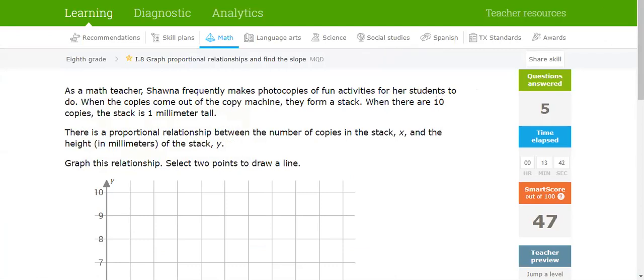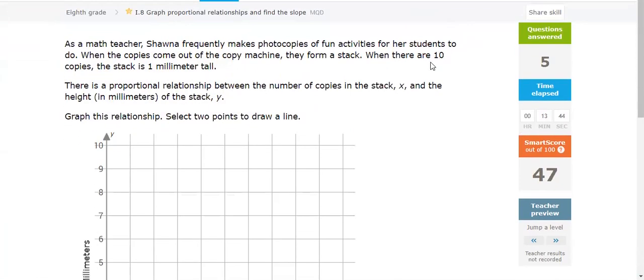Okay. So now, when there are 10 copies, the stack is 1 millimeter tall. So let's try to find what X is here. What is the X? The number of copies in the stack. There are 10 copies, so X is going to be 10.